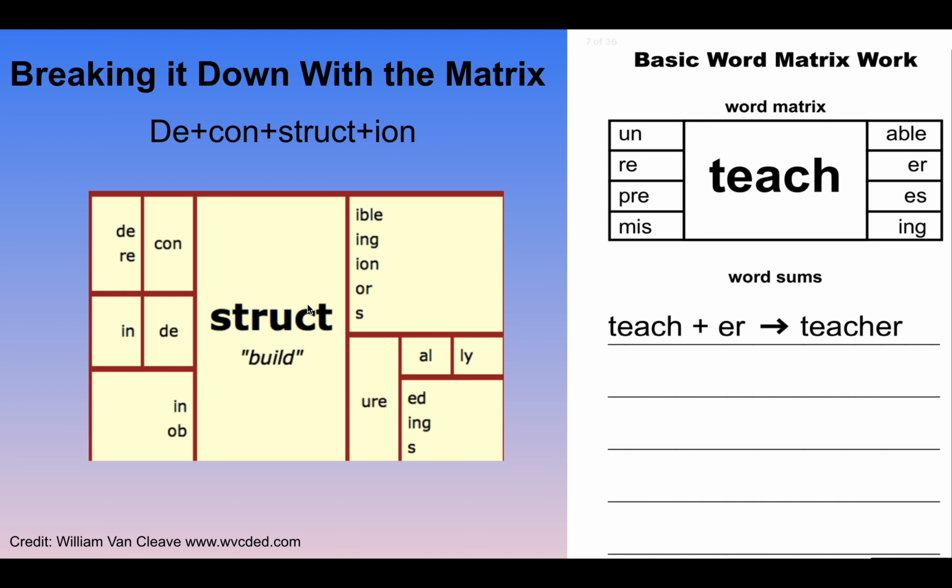Now here are 2 examples of word matrices. One is basic, this one over here, and you can see how you would show your students how they're able to build words by using a prefix, a base word, and a suffix, adding them together to make a new word. And over here, this matrix has at the base struct, and this is a slightly more complex type of matrix.